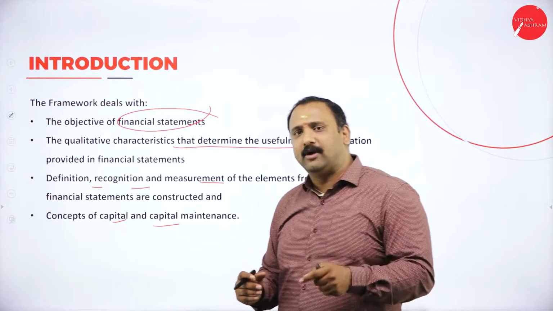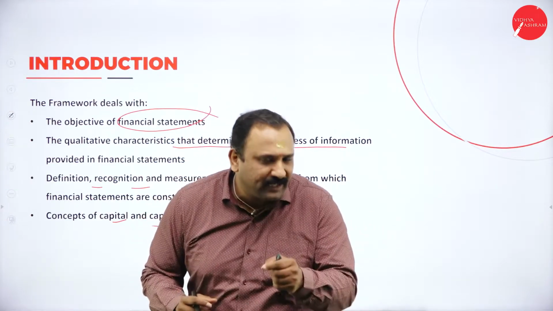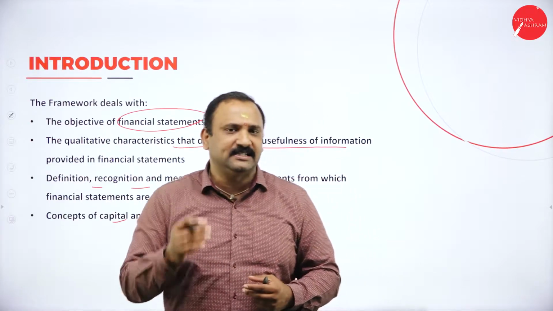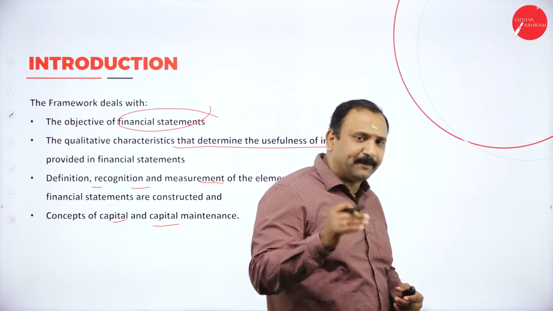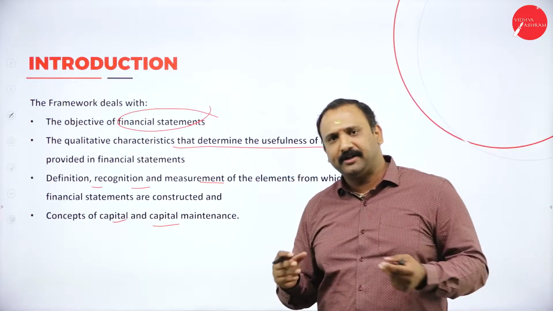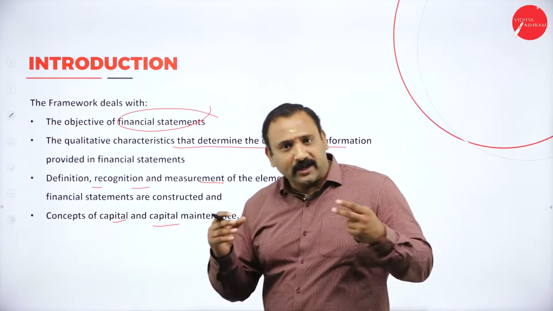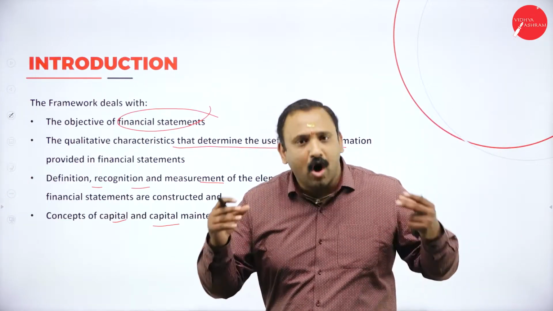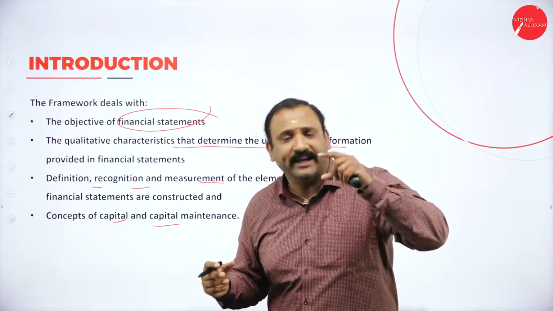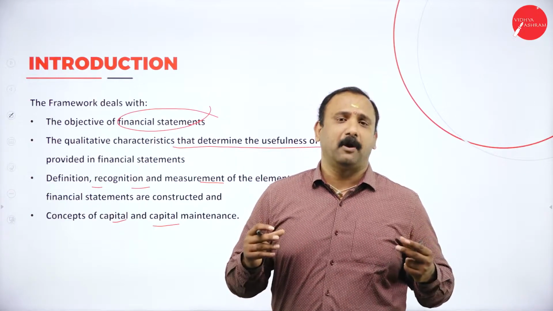But the problem is that sometimes you might feel that these numbers are not meaning anything to me unless they are interpreted the way it has to be done. So somewhere down the lane, it becomes very important that the qualitative characteristics of the statements are interpreted the way it has to be done. If it is not done, then it becomes a problem.